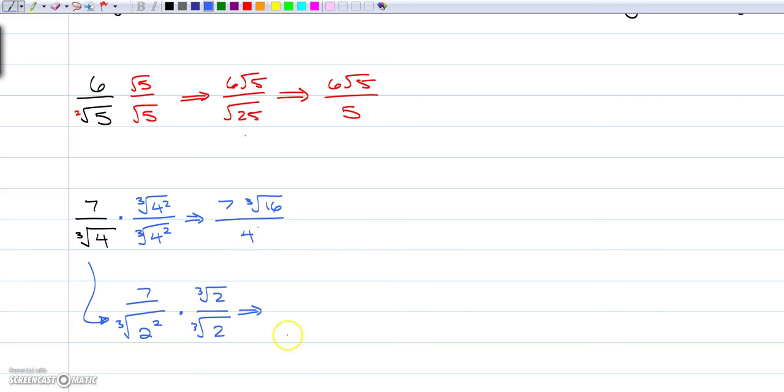On the top part of this FOIL, going here and here, I end up with a 25 minus 5 radical 3. On the bottom of it, going like this, I get a positive 5 radical 3 and a minus radical 9.